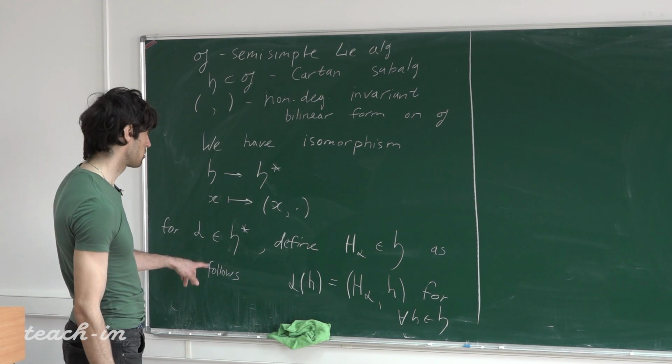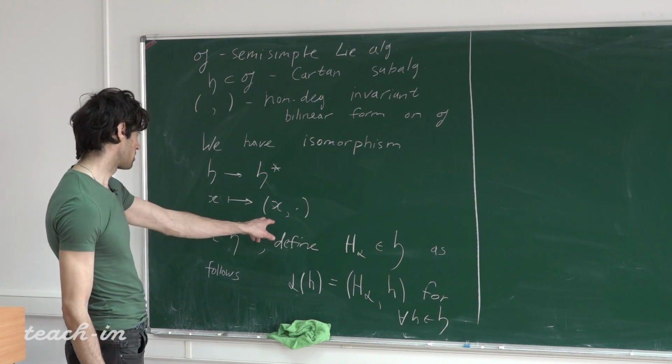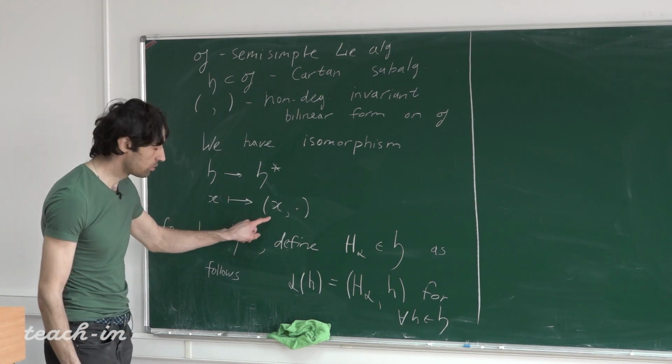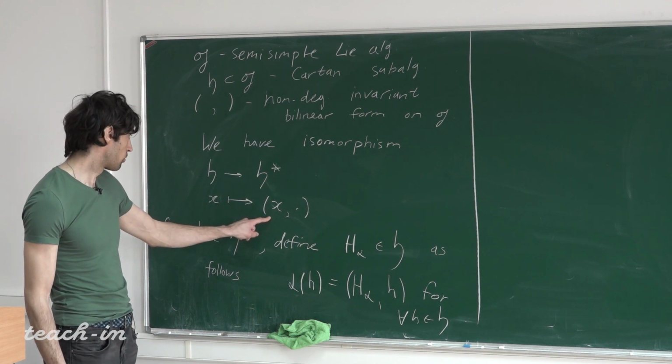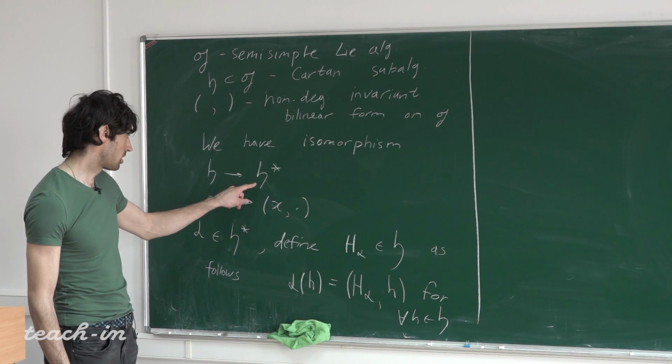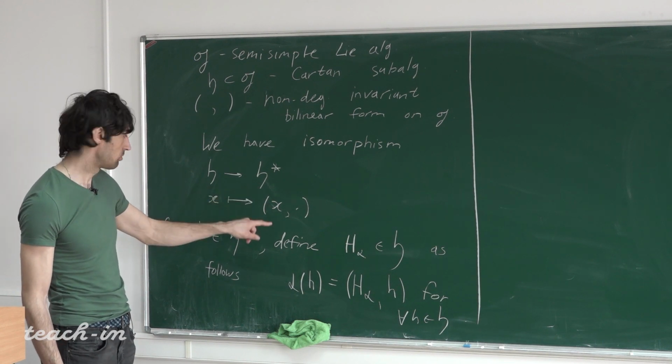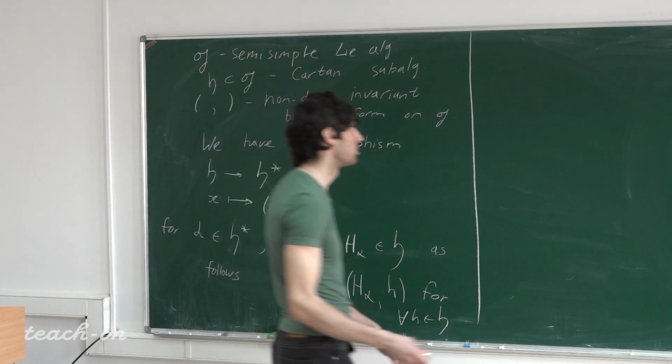Once we do this, we can notice that this form induces a form on H star. So we had the form on H, now we also have a form on H star.